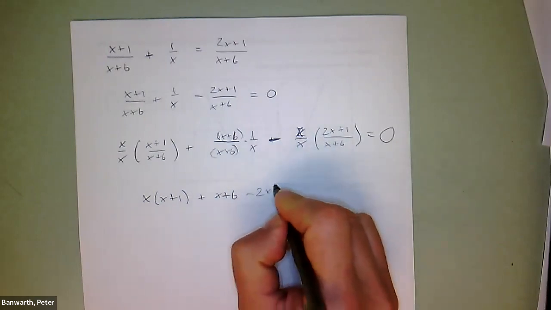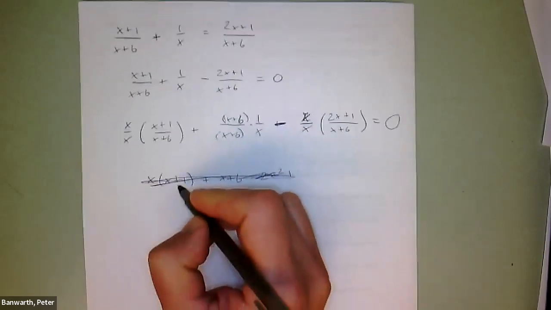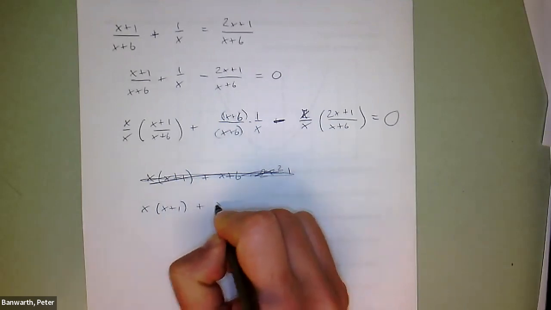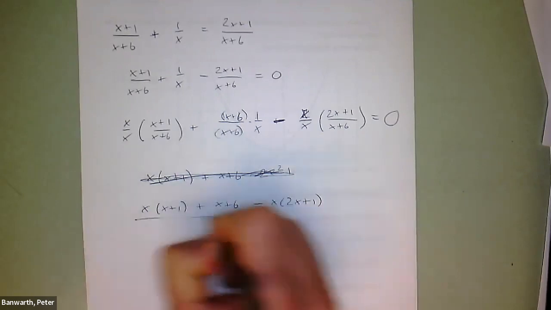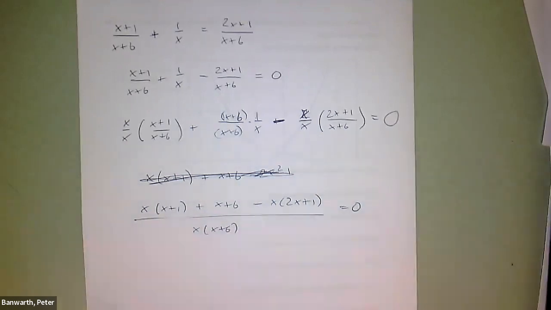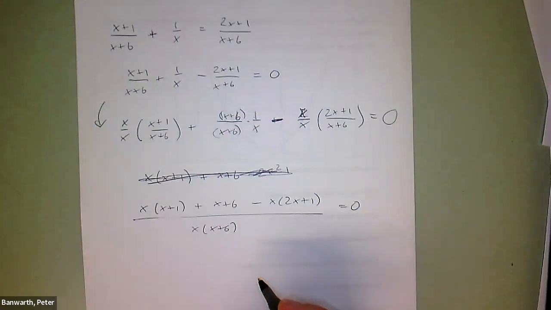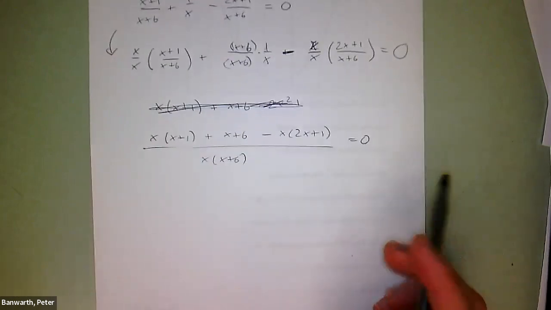I'll leave it unfactored first. x times x plus 1 plus x plus 6 minus x times 2x plus 1, all over x times x plus 6 equals 0. And again, this operation here could have potentially introduced an extraneous solution, so I'm going to have to check and prune any later.